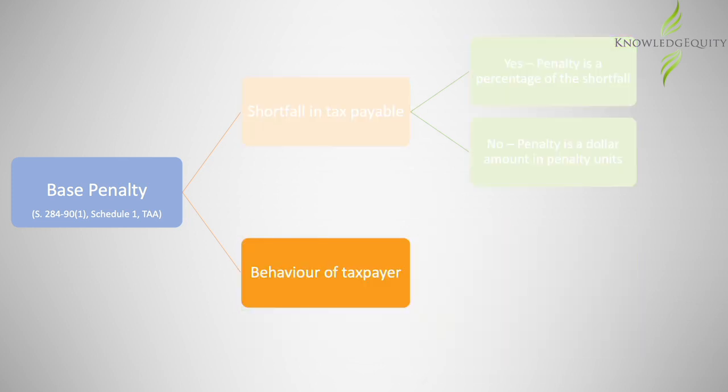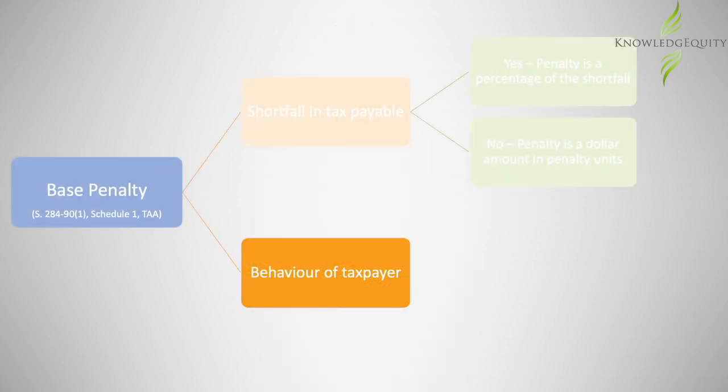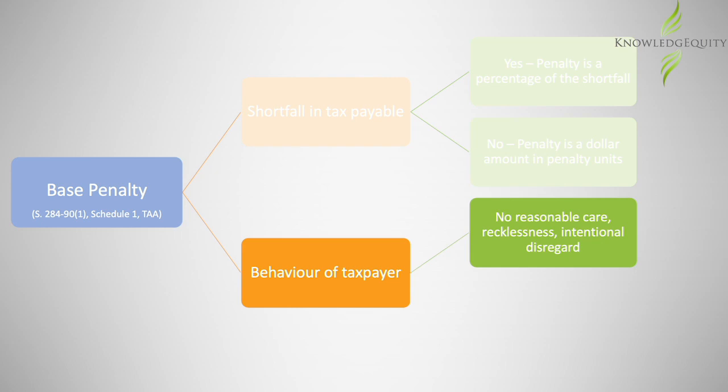In terms of taxpayer behaviour, a taxpayer may have treated a particular matter in a way that is not supported by legislation, case law, or ATO guidance. In other words, the taxpayer does not have a reasonably arguable position. In the alternative, a taxpayer may have made an incorrect statement as a result of failure to take reasonable care, in a reckless manner or intentionally.